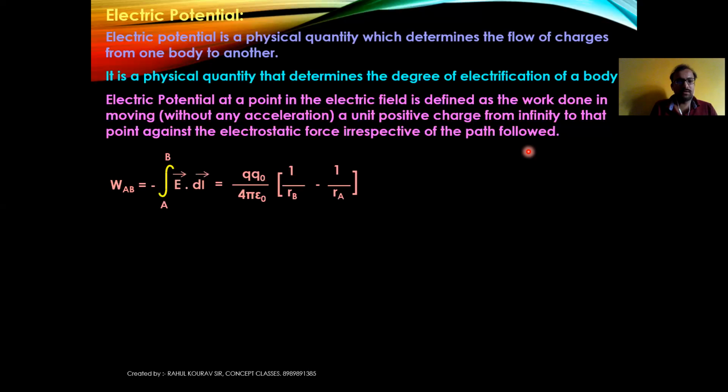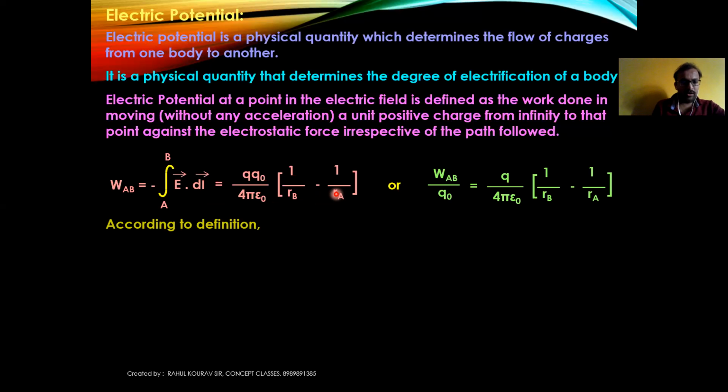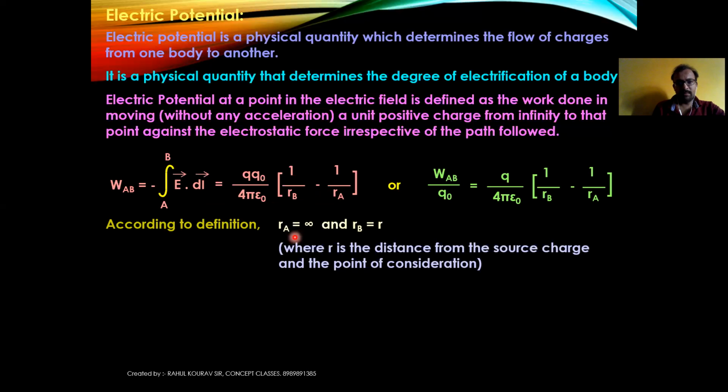This will be the formula I have already told you: W_AB from A to B, the integral of E dot dl, is equal to q1 q2 divided by 4 pi epsilon naught, times (1 by RB minus 1 by RA). The formula is still the same. According to the definition, you have to bring the charge from infinity, so RA becomes infinity and RB becomes R, where R is the distance from the source charge to the point of consideration.